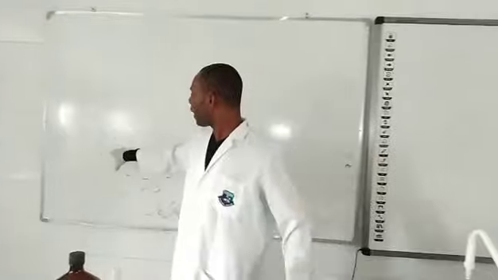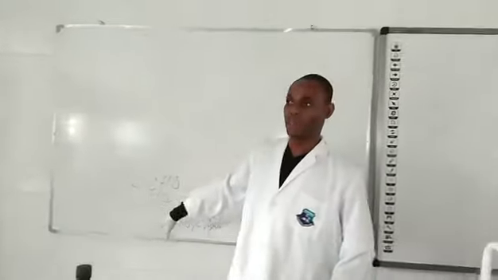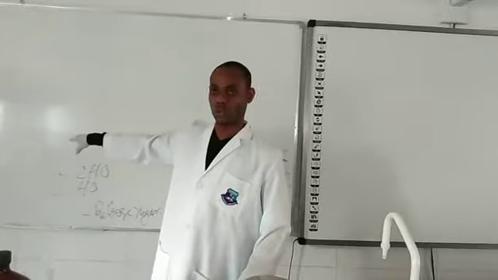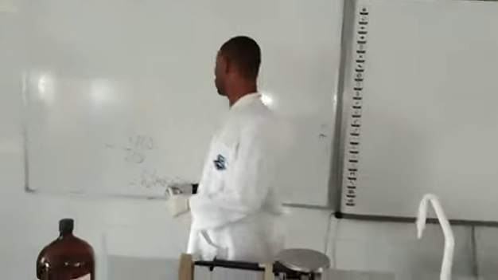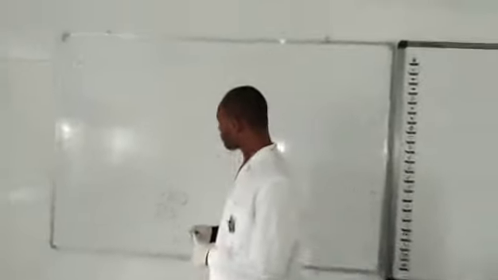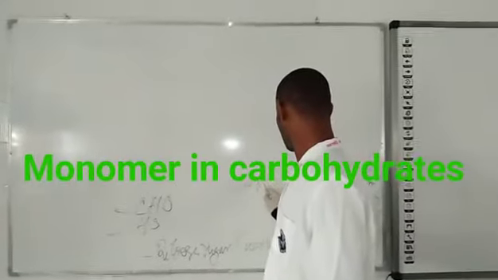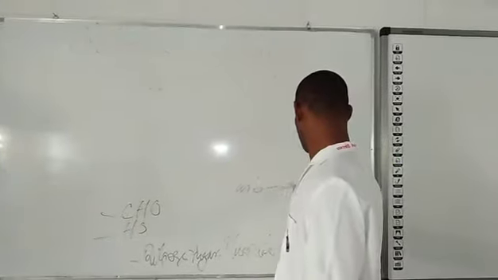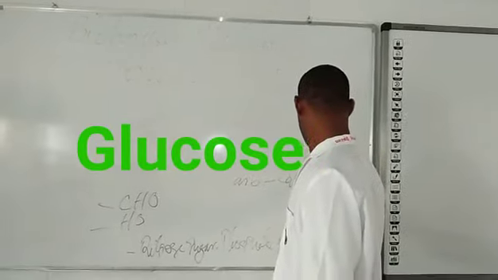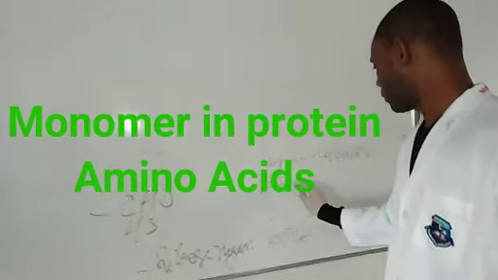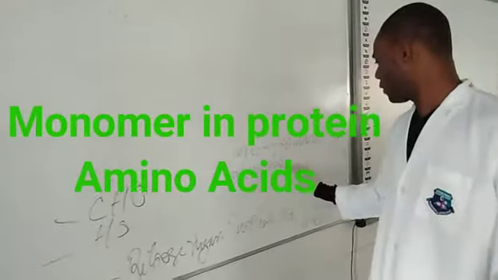What will be the monomer of carbohydrate? Which means, what is going to be the smallest structural molecule that will make up carbohydrate. The monomer for carbohydrate is glucose. The monomer for protein is amino acid.